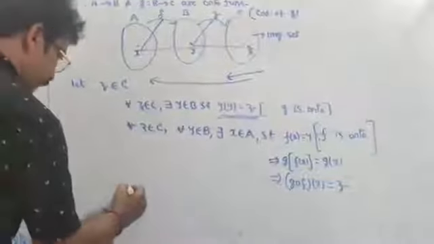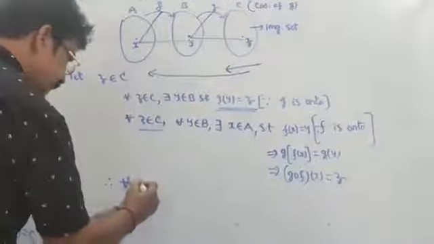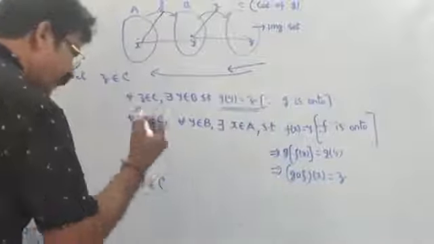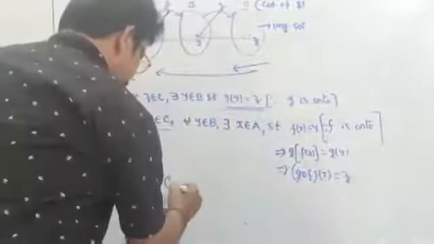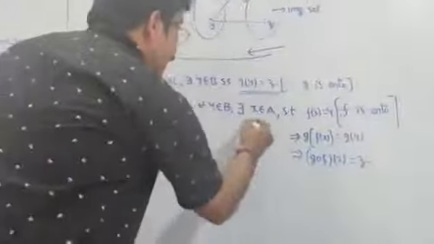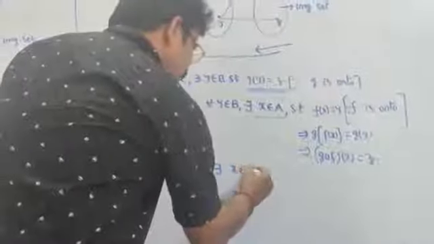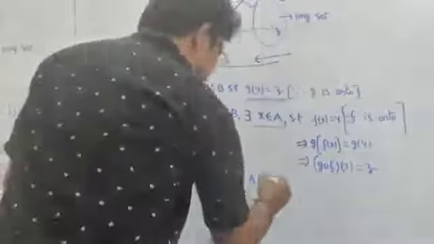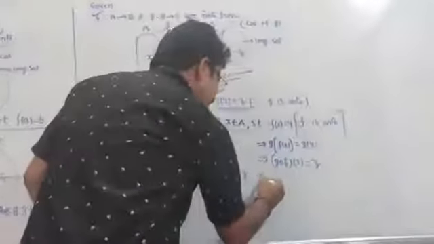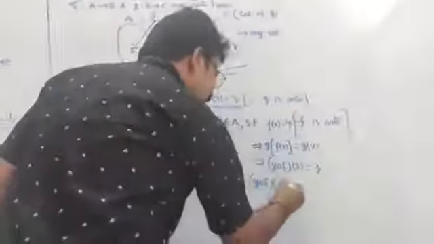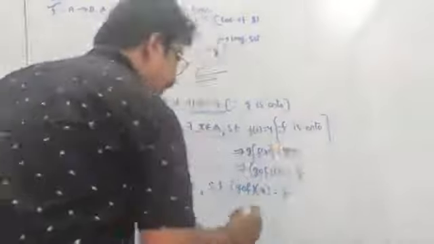Therefore, for all z belongs to codomain capital C, there exists x belongs to capital A so that g circle f of x equal to z.